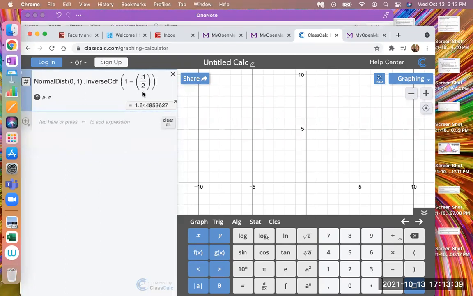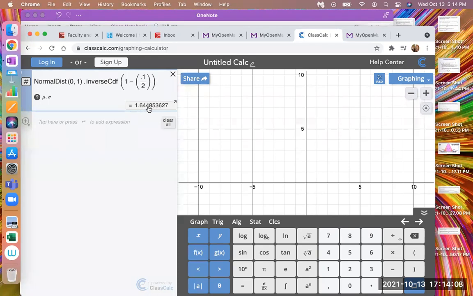Just in case, there may be some mistakes here, so you might want to do this beforehand. 0.1 divided by 2, that's 0.05, and just plug in 0.05 right here, in order just not to make mistakes. But this is our answer that we want, 1.64485.